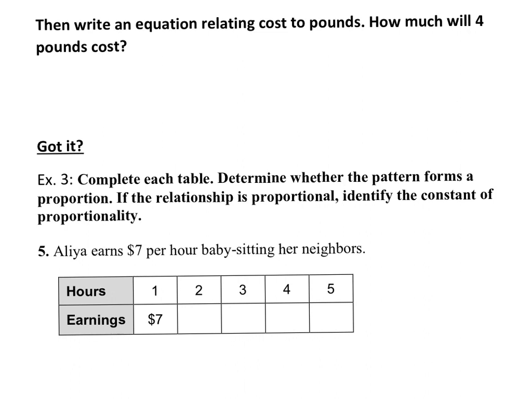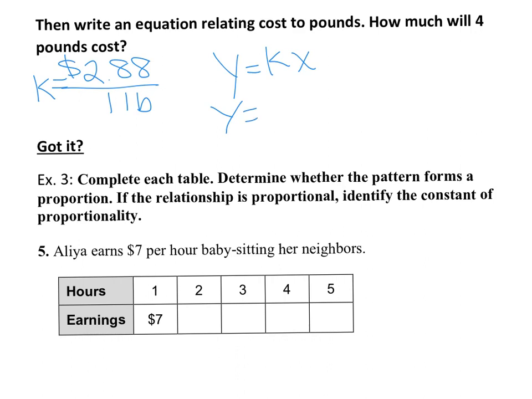Now we're going to write an equation relating to the cost of pounds. How much will 4 pounds cost? If we have a constant of $2.88 over 1 pound, then we know that's the constant, known as k. So I have y equals kx, and the x represents the different pounds that I can substitute in anytime that I need to. So my equation is y equals 2.88x.